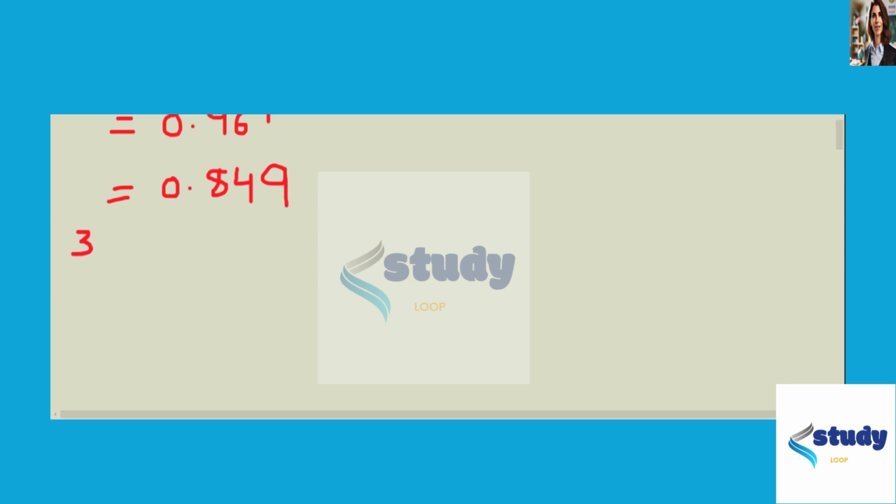Now, in the next question, it is asked, what is the probability that among 4 potential donors, they are not all type A?